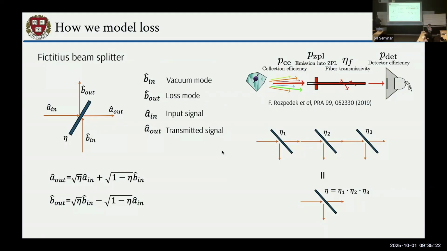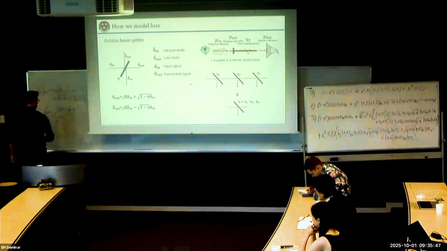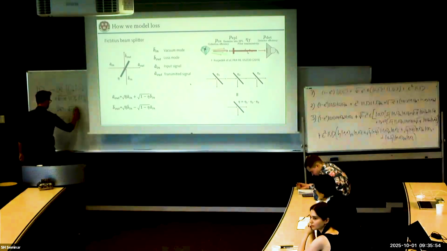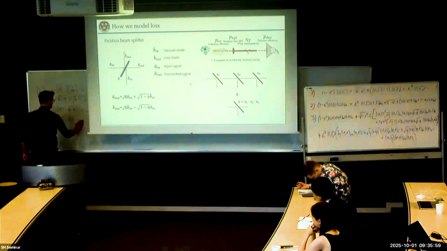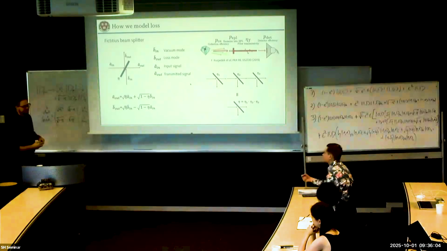Okay. Then you just basically have square root of eta, eta, like this, 1 minus eta, and that should be P out, sorry. Like this, and you have 1 minus eta, eta. It's just a matrix like this.